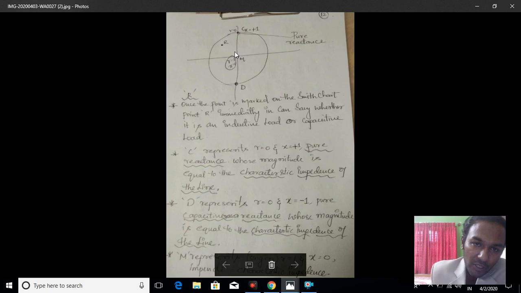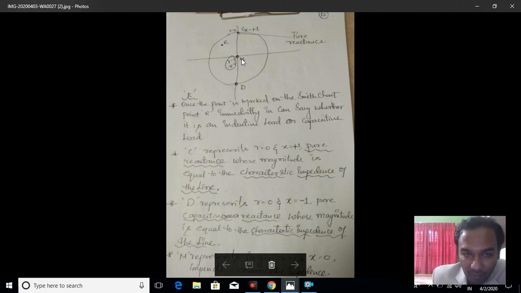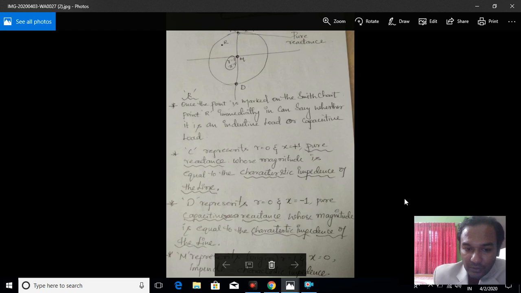And next, one more major point of the Smith chart is the origin M. M's value is r equal to 1 and x equal to 0, then you can mark that point, right? So the impedance at this point is equal to the characteristic impedance. This is a very important aspect where we can see a matched load.